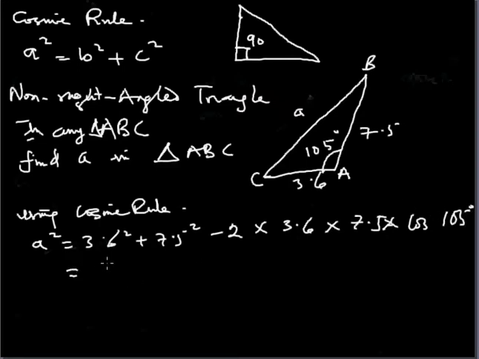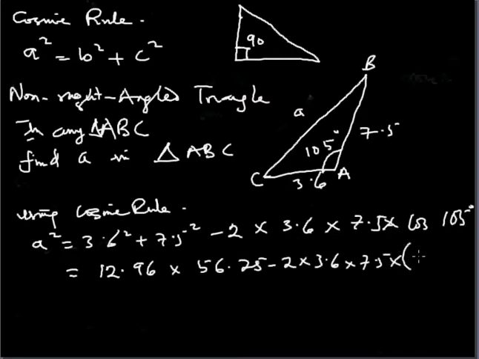This is the same as 12.96 plus 56.25 minus 2 times 3.6 times 7.5 times minus cos 75 degrees.